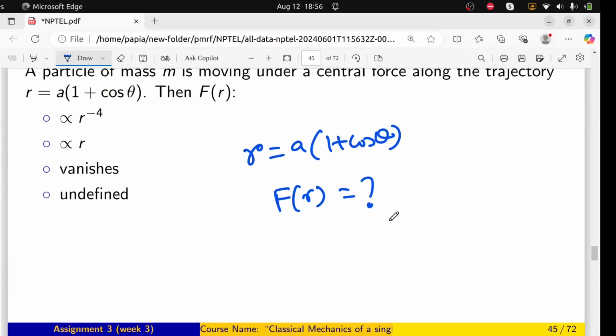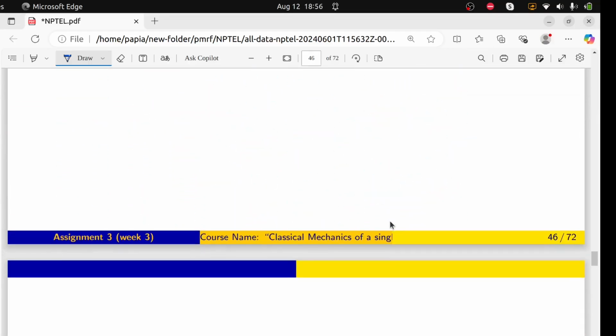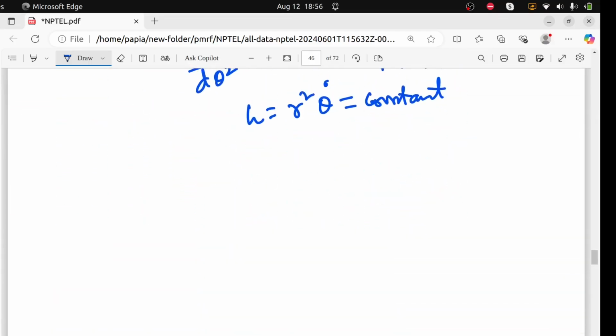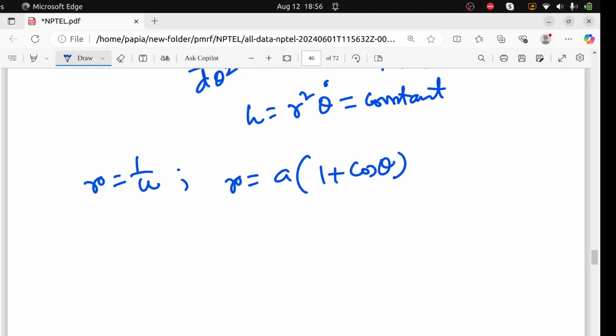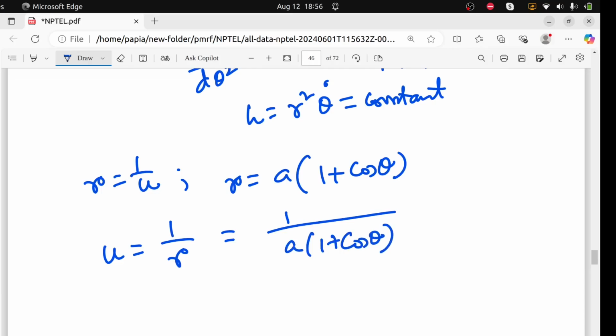Now our r is a times 1 plus cos theta, and we also have r equals 1 by u, and r is given by a times 1 plus cos theta. So what we will do? First we will calculate u. u is 1 by r. That means 1 by a times 1 plus cos theta. Okay.